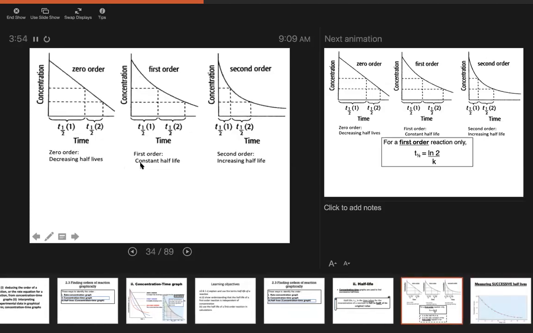For zero order, the half-life would decrease. It's easy to spot a zero order from the concentration time graph because it is the only one that has a decreasing straight line. First and second order are the ones you need to worry about because they are curves and look similar. Unless you do calculations, you will not be able to differentiate between the first and the second order.